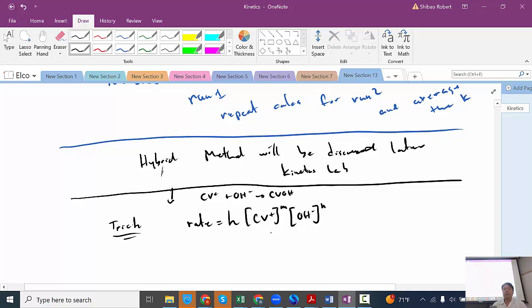The problem is the graphical method doesn't work here, because the graphical method is going to give us the overall order of reaction, but it's not going to give us M and N. So the graphs are going to be based on M plus N.